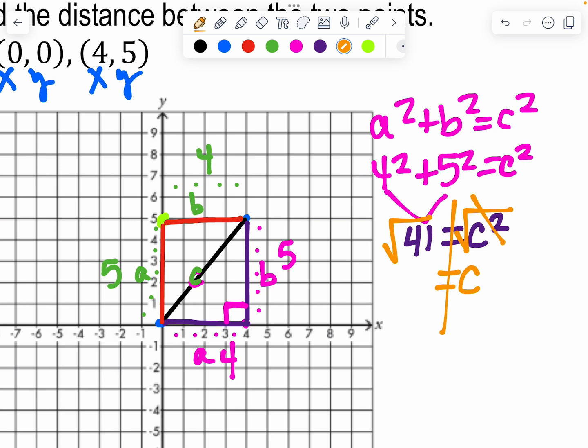And when I do that, I need to put it in my calculator because I don't have my notes right in front of me. Or you can beat me to it and do it yourself. The square root of 41 is 6.4 approximately.